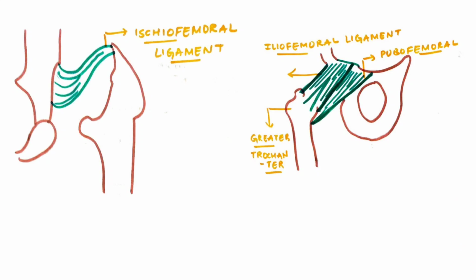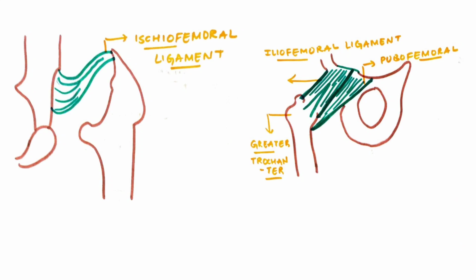And on the hip bone, it is attached to the transverse ligament and to the margins of the acetabulum, or acetabular notch. This ligament, remember, is very thin and useful in transmission of arteries and nerves in the hip joint.